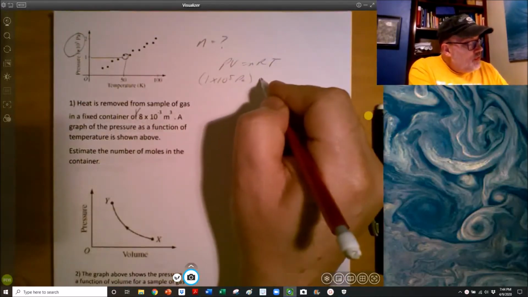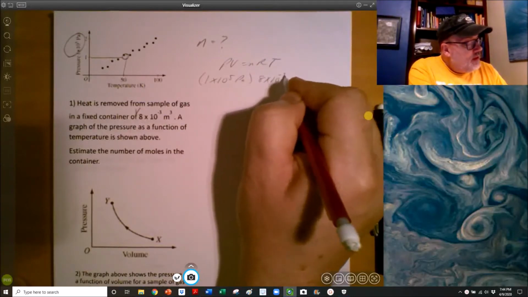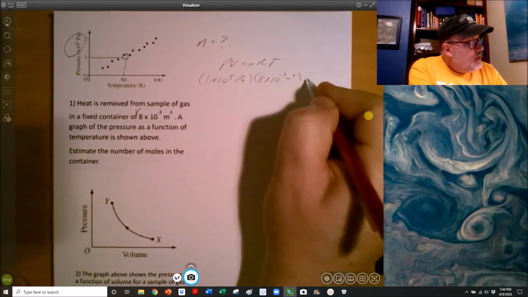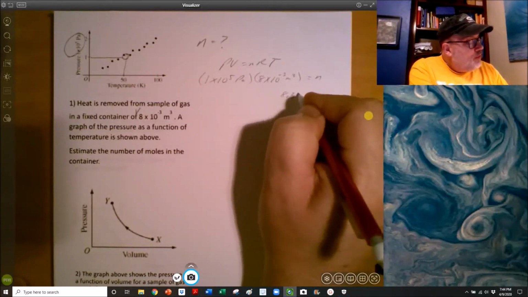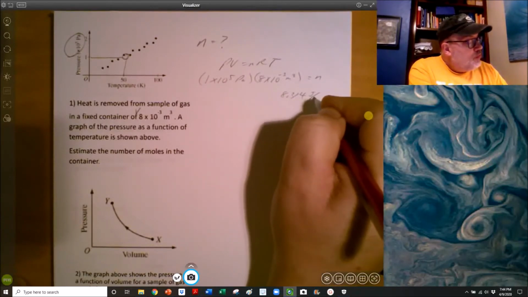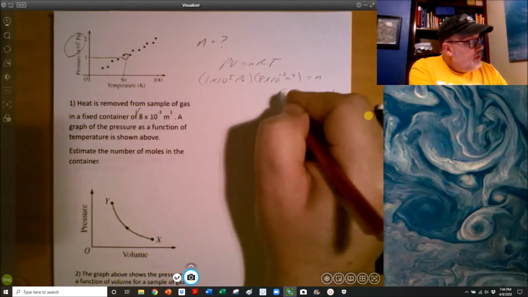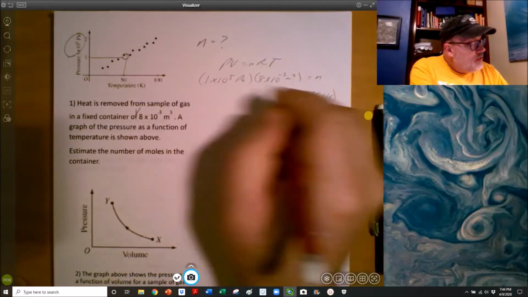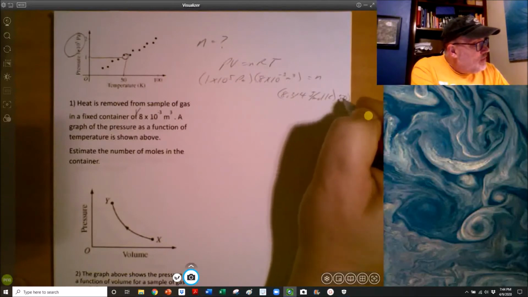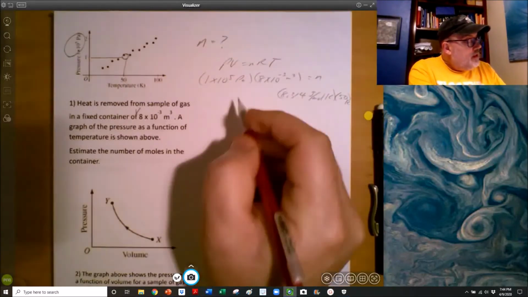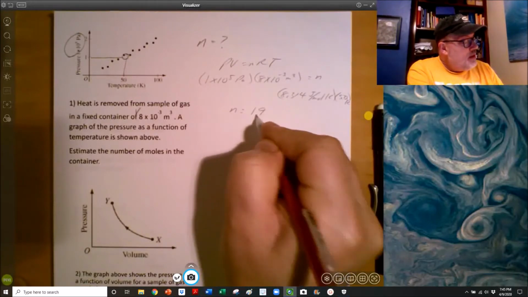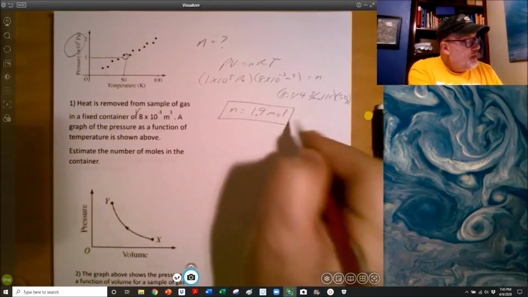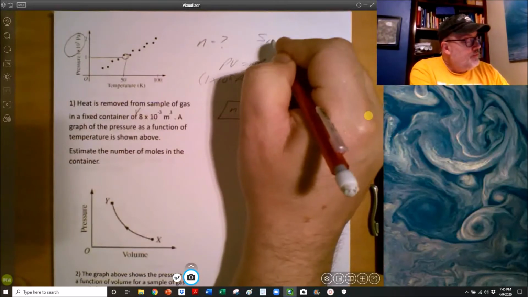Here's our volume, 8 times 10 to the negative 3rd meters cubed, equals n, and then R is 8.314 joules per mole Kelvin, and our temperature is 50 Kelvin. All right, and if we solve that for n, I believe we get something about 1.9 moles. Okay, that is a single state problem.